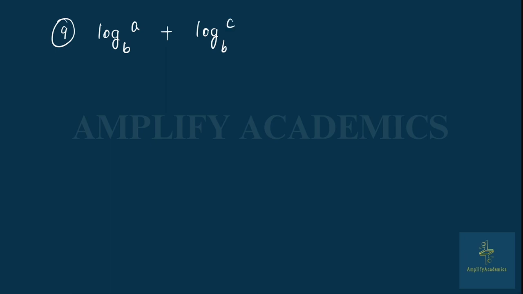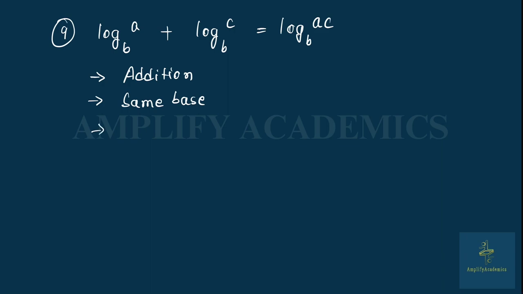When you have multiple log terms added together with the same base, you multiply their arguments: log base b of a times c. So the factors are addition, same base, and multiply arguments.